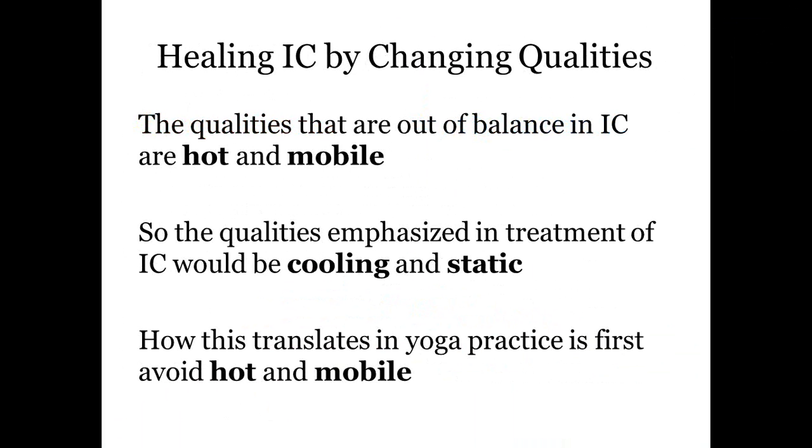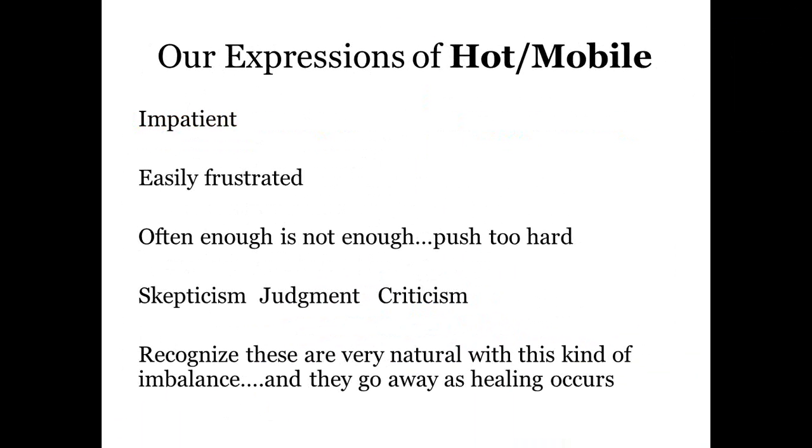So when we heal IC, we're actually healing by changing the qualities. The qualities that are out of balance in IC are the hot and mobile qualities. So the qualities emphasized in the treatment of IC would be cooling and static, that is, static meaning to reduce the mobility. And how this translates into yoga practice is first and foremost to avoid the hot and mobile qualities.